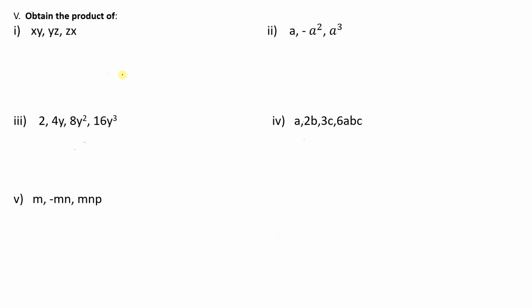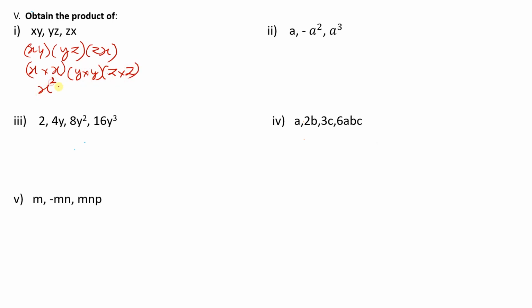Then fifth main, obtain the product of, you have to find the product of these three, xy into yz into zx. Find the product of like terms, x into x into y into y into z into z.